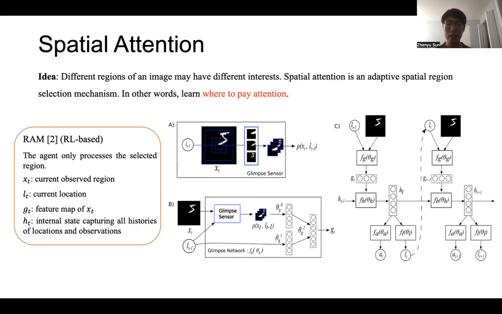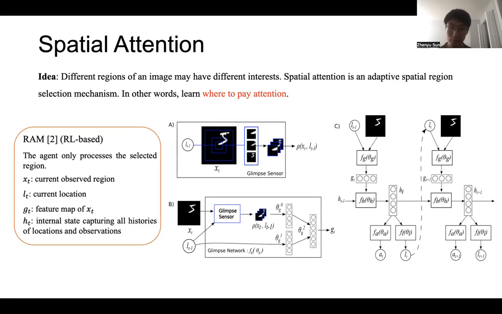For example, in this context, it can just observe part of the image and process it. So it processes part of the image, but not the whole one, which means the computational complexity is highly reduced, right? Based on this current observation, the agent outputs an action which specifies which part of the image to observe in the next time step. By doing this sequentially, the agent will finally find which part of the image is the most important to us.